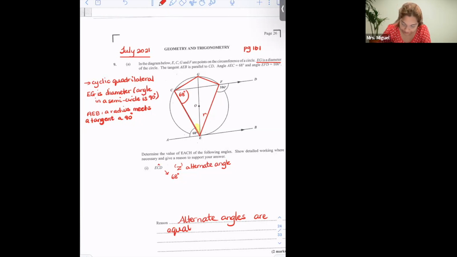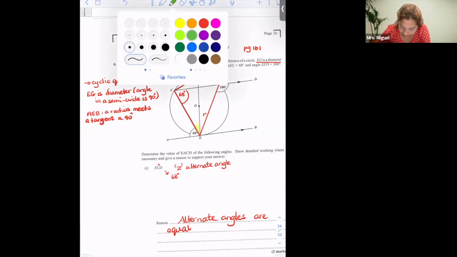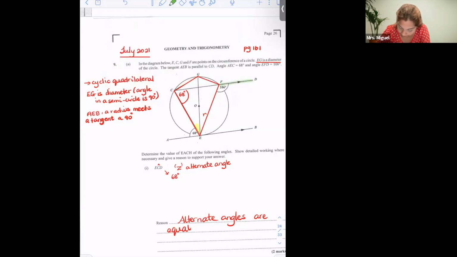Now, this is a U shape, and U-shaped angles are called co-interior angles.